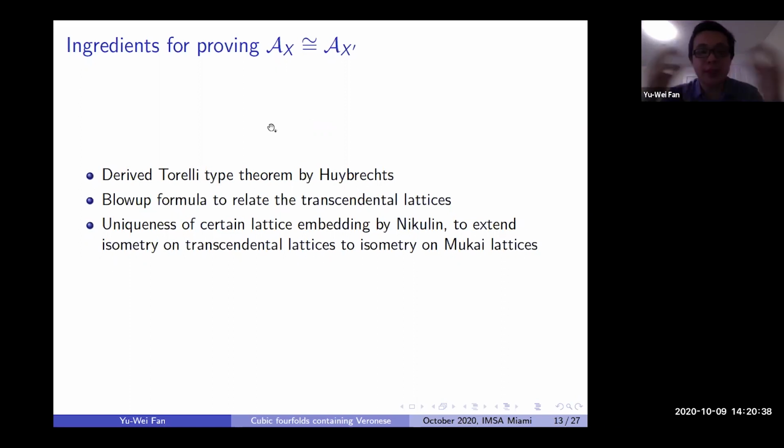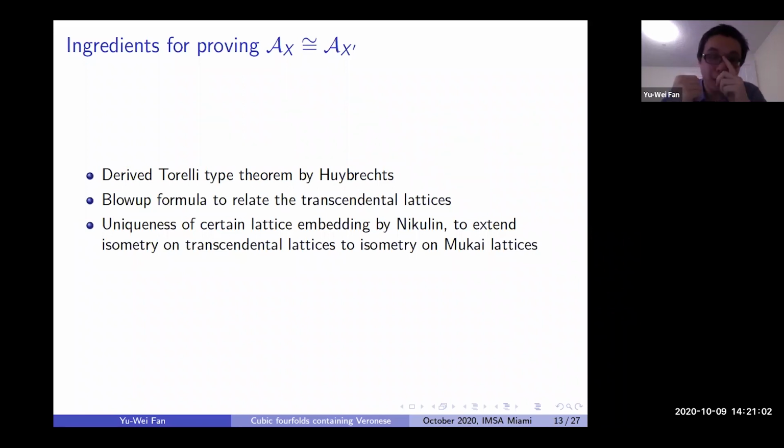Because these two cubic fourfolds are related by certain blowups and blowdowns, we can use the blowup formula to show there is a Hodge isometry between the transcendental lattices of these two cubic fourfolds.